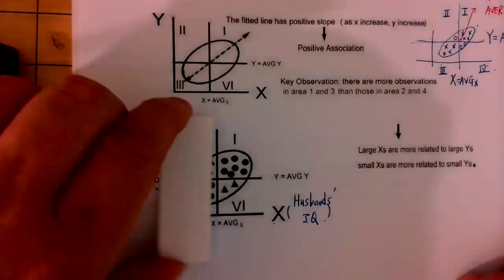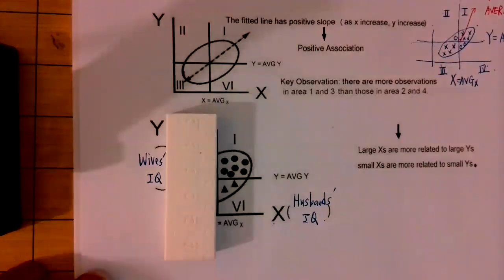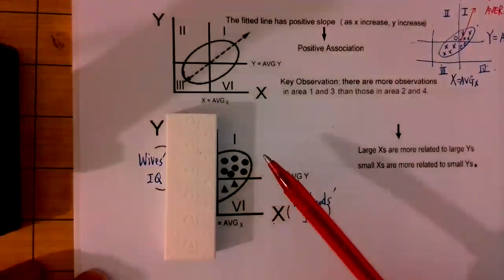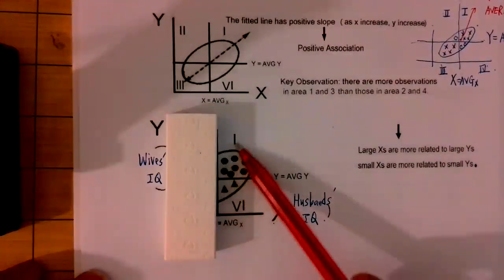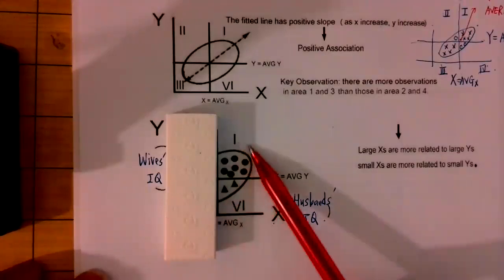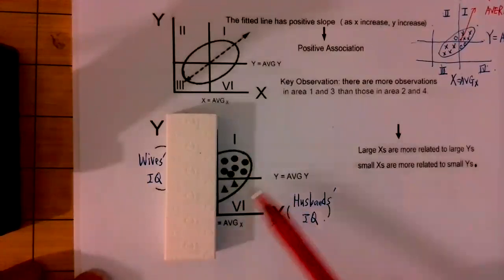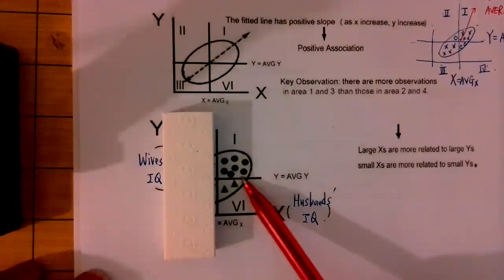Look at the picture here. What do you find here? Those observations you find here, I call them large X. Why do I call them large X? Because their X values are greater than or equal to average X. So I call them large X. You see, large X are related to large Y's.